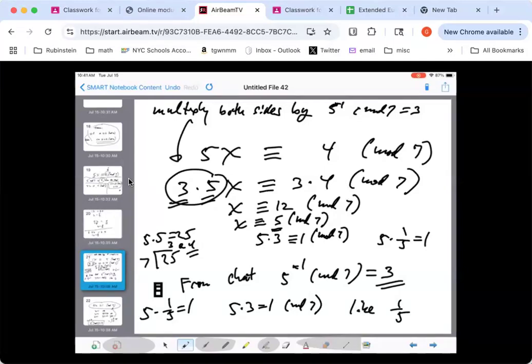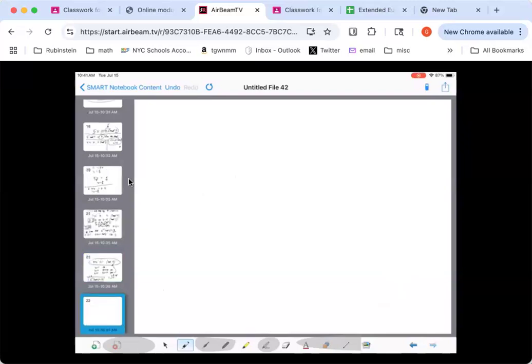Let me do a brand new one totally from scratch. 7x, I'm going to do this nice and carefully, is congruent to 3 mod 11.